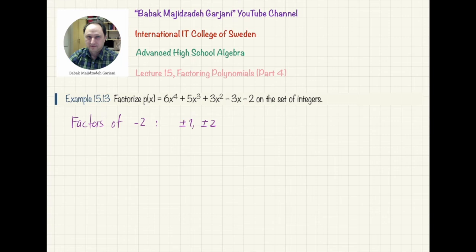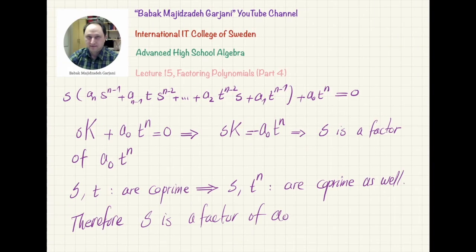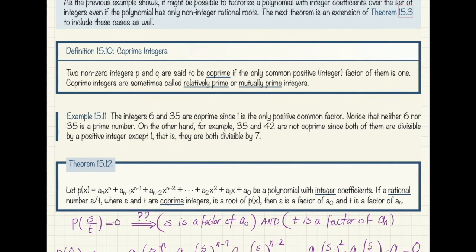Is it possible for this polynomial to have rational roots? If that is the case, this theorem tells you that if a polynomial wants to have a rational root, then the numerator should be a factor of the constant term, and the denominator should be a factor of the leading term.